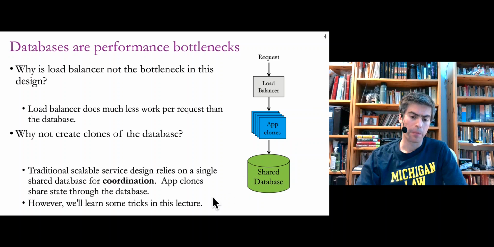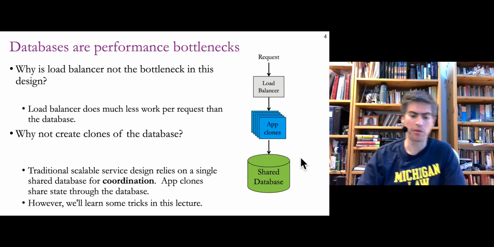So in this lecture and the next one, we'll be talking about ways to clone the database to get some of that parallelization, while also solving the coordination problems that arise.